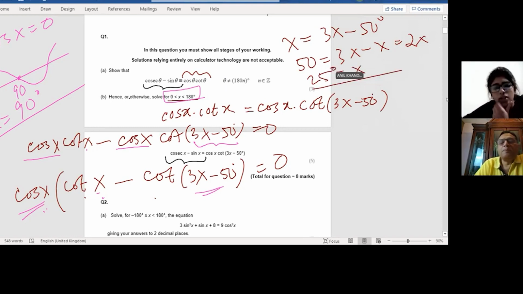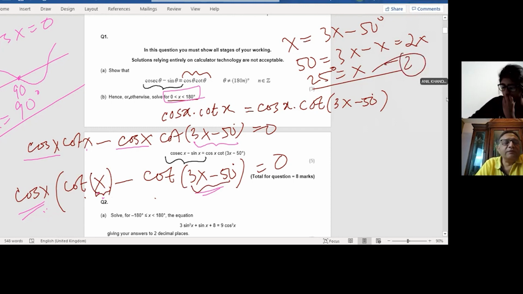Wait, why are we making 3x minus 50 equal to x? Because the argument should be the same, right? So when you do that, you get the second answer, which is 25 degrees. So x equals 90 degrees and 25 degrees. Is that clear to you?